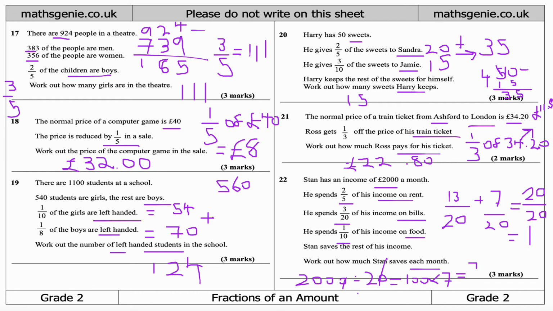So Stan saves £700 each month. So £1,300 is spent on his bills, his rent, and his food, and what's left over is £700, if that makes sense.